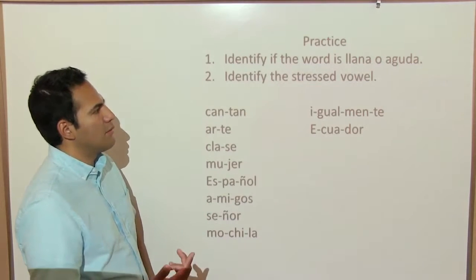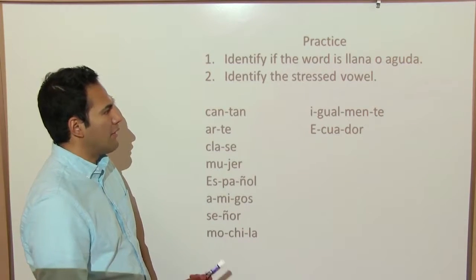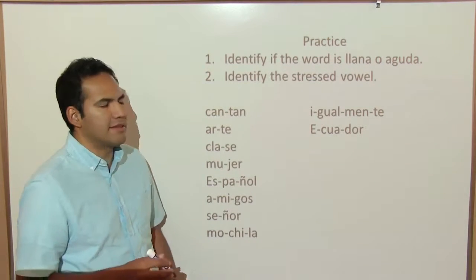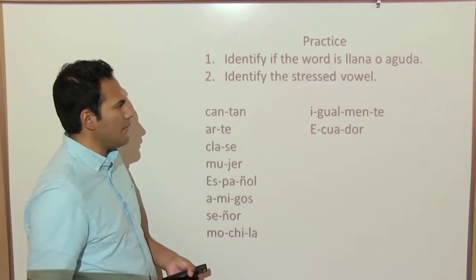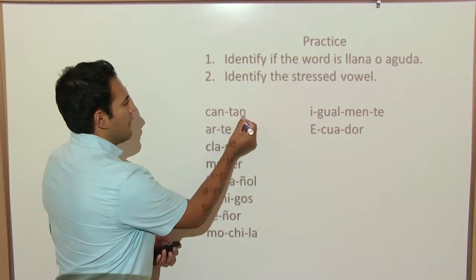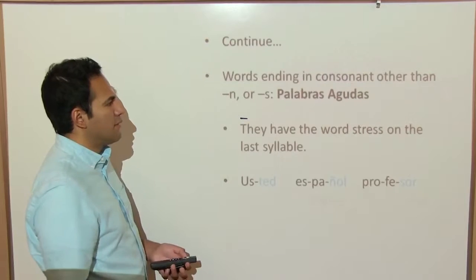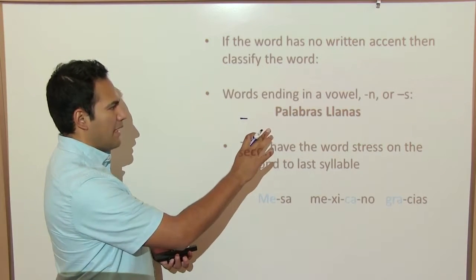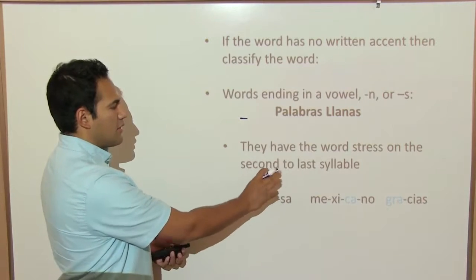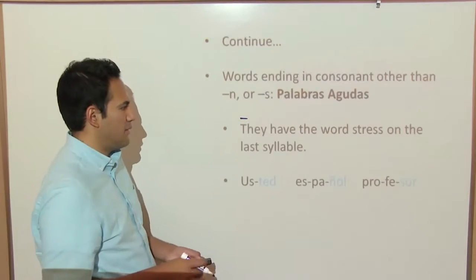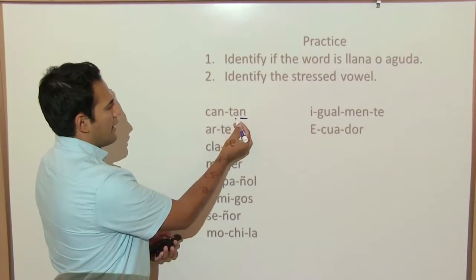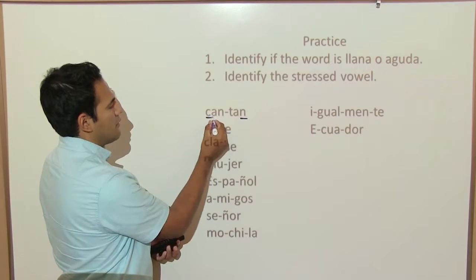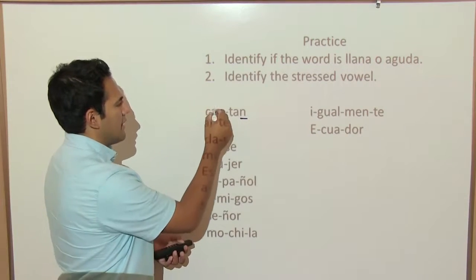Let's identify the word first, and then we have to identify the stressed vowel. The first one, we know it ends with an N, so we go back: palabras llanas end with an N, and they have the word stress on the second to last syllable. So the second to last will be here. Cantan.